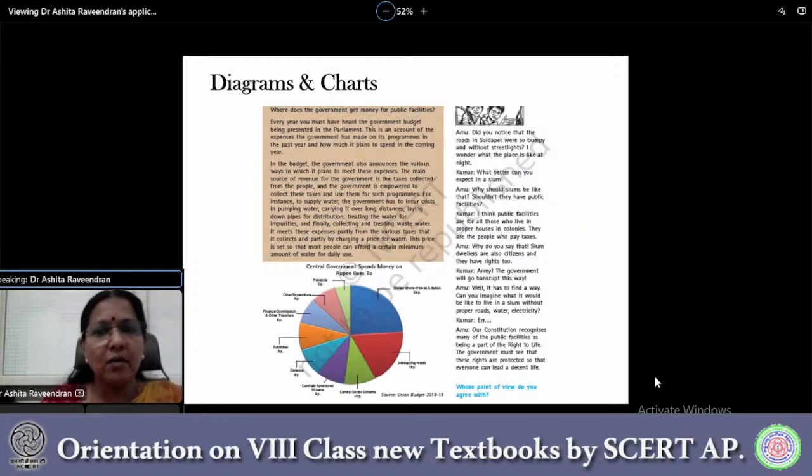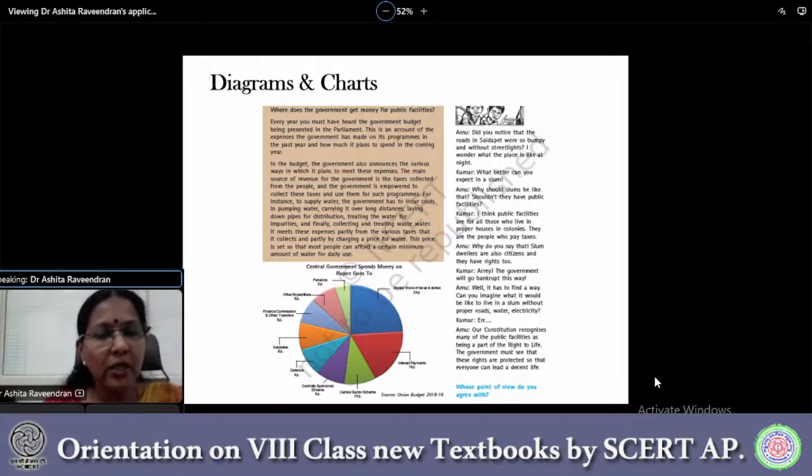We have also used diagrams and charts in our textbook. For example, in the public facilities chapter, you have the economic presence of the government: the government collects money and the government spends money. What are the ways in which the government spends money? This has been shown as a pie diagram, so you can relate this subject area with mathematics learning.